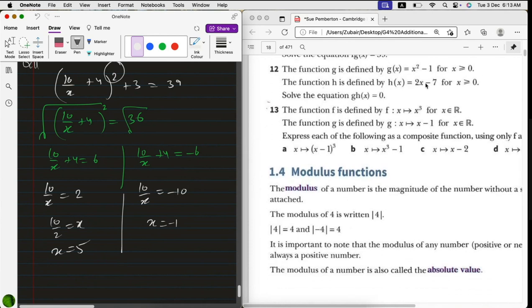The function g of x is defined for this, and let's try this 13th number. 12 is again the same.